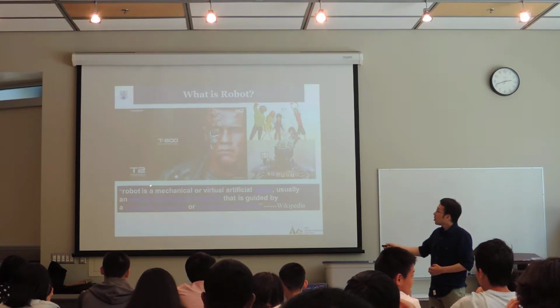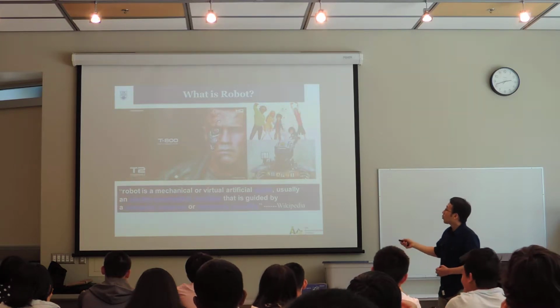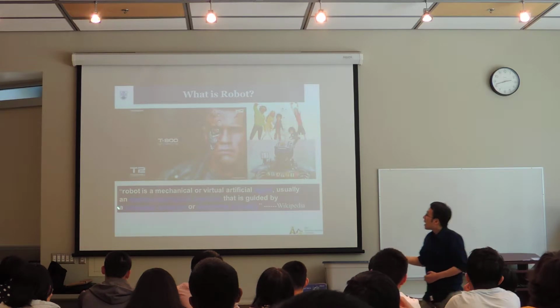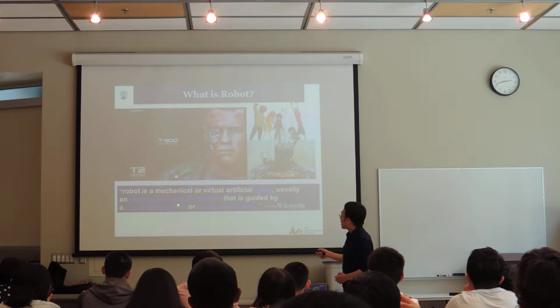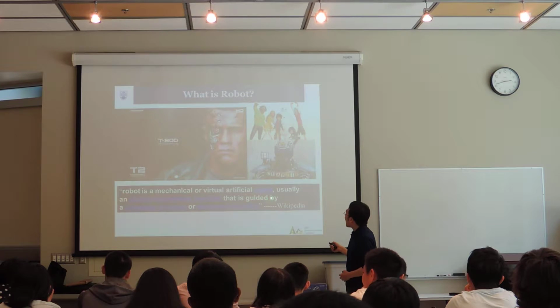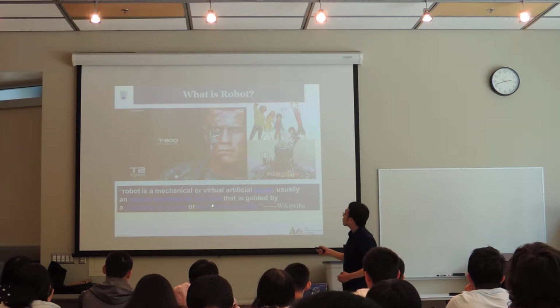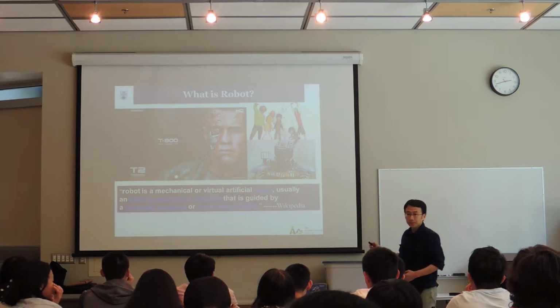So here, a robot is a mechanical or virtual artificial agent, usually an electromechanical machine that is guided by a computer program or electronic circuitry.